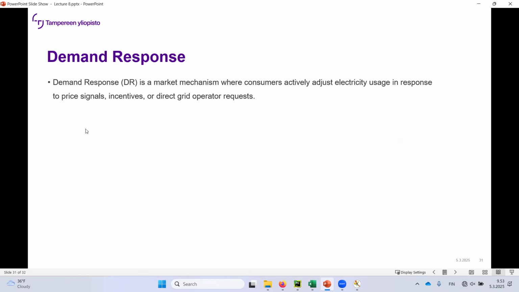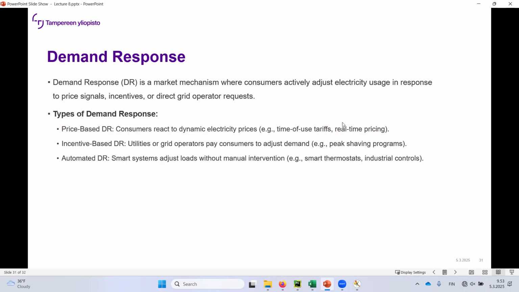So demand response is when you, based on market signals, use your load flexibility. Consumers react to dynamic electricity prices. That's what we are doing in my home as well. If the electricity prices go high, I don't put on the oven. Incentive-based demand response: utilities or grid operators pay consumers to adjust demand.